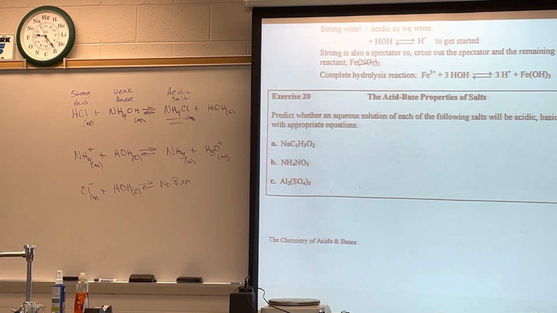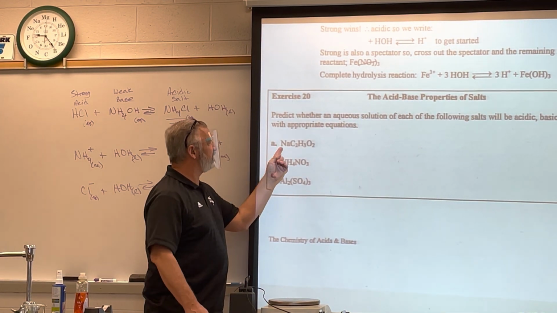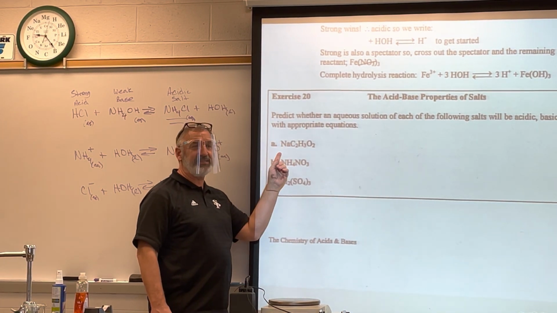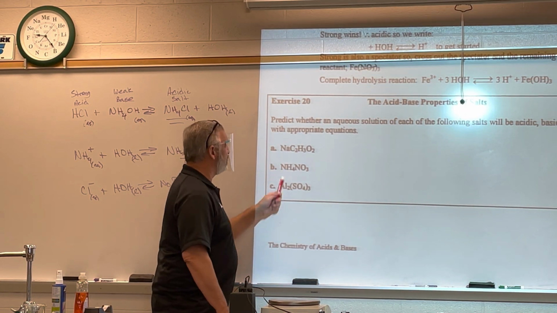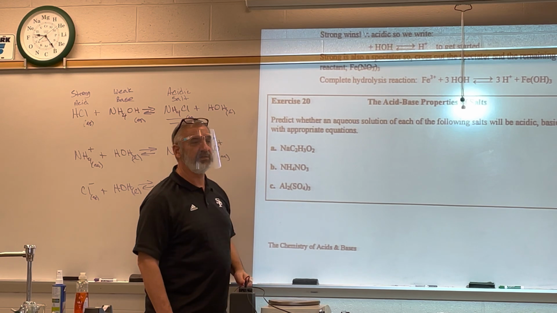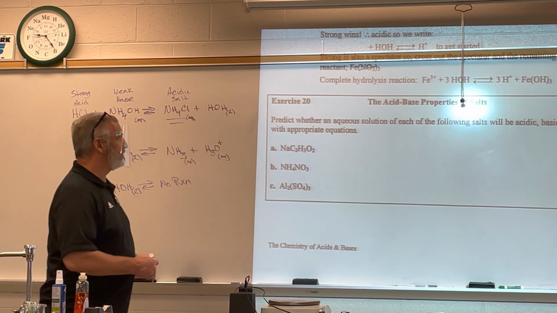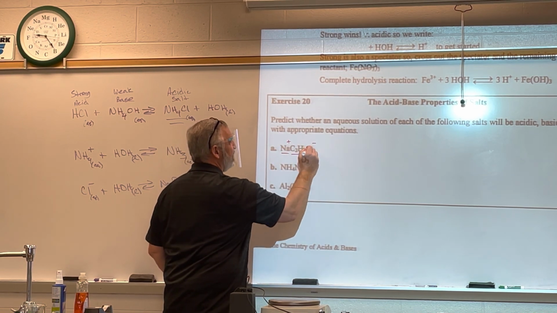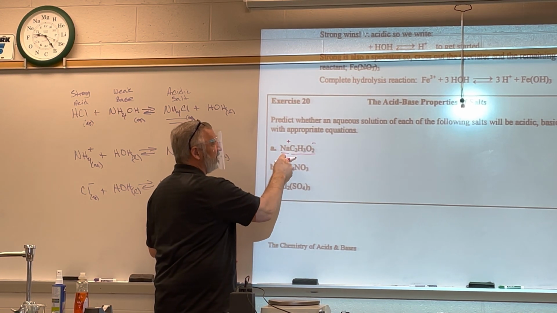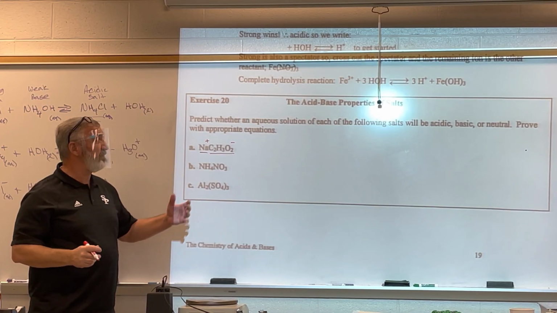Okay? So if you have the notes right there, you ask yourself the question, okay, so first off, in sodium acetate, what's my positive thing, what's my negative thing? Sodium's positive, acetate's the negative. So what base, where did sodium come from in making this salt?